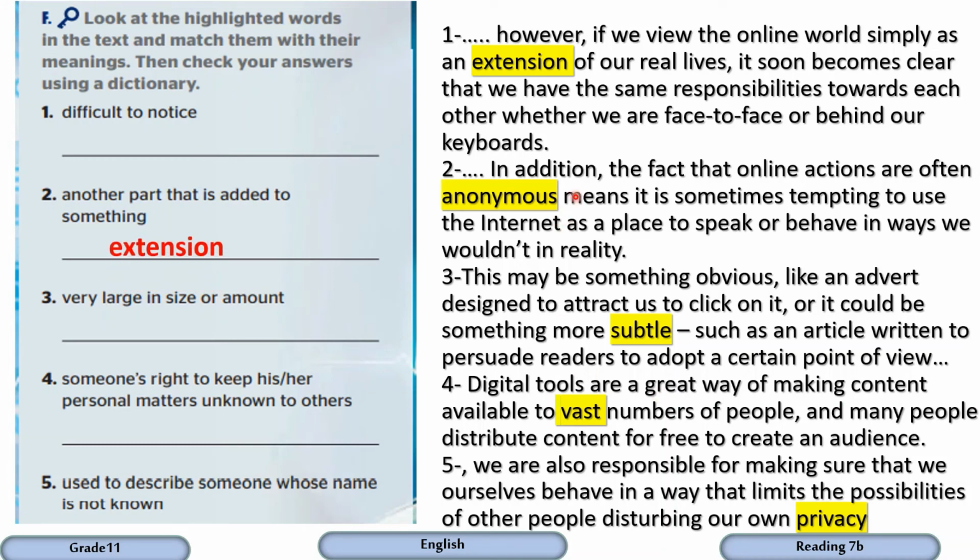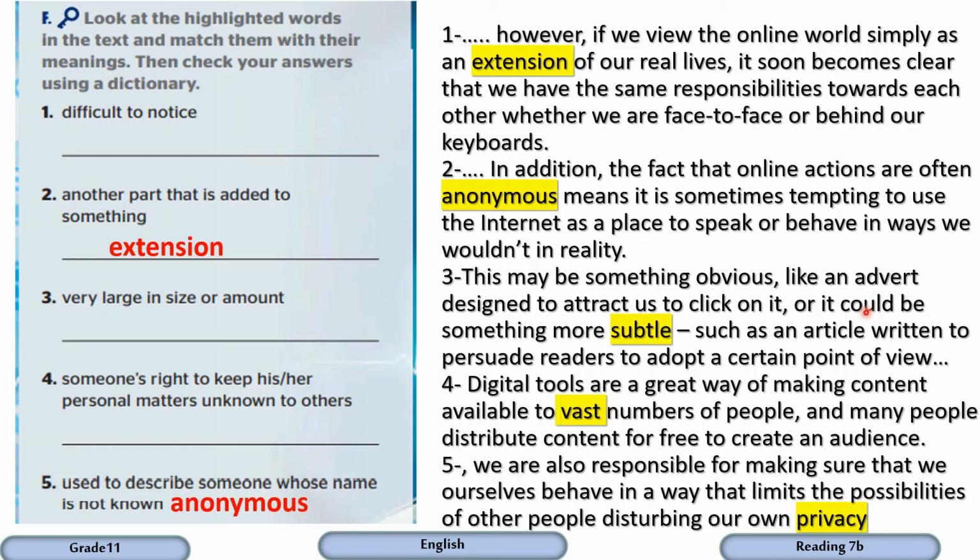Next one. In addition, the fact that online actions are often anonymous means it is sometimes tempting to use the internet as a place to speak or behave in ways we wouldn't in reality. So sometimes the actions are unknown. We don't know the actions, so used to describe someone whose name is not known.